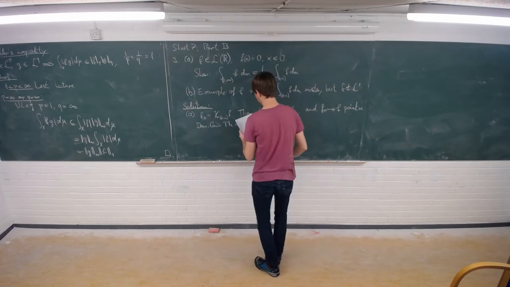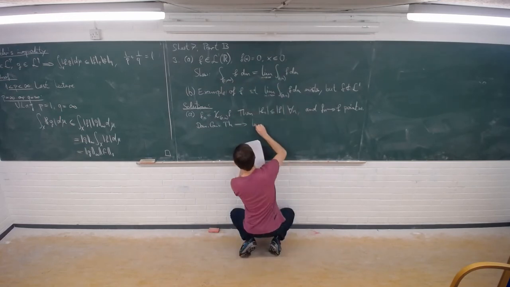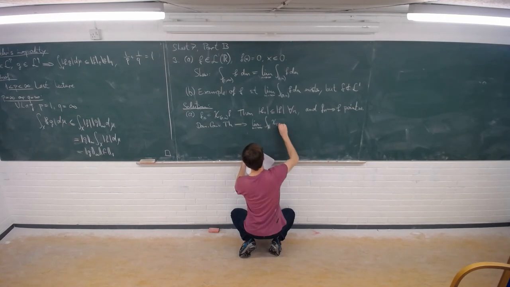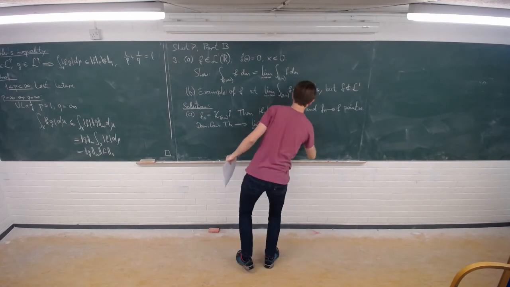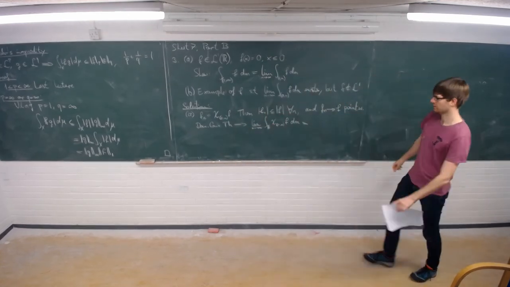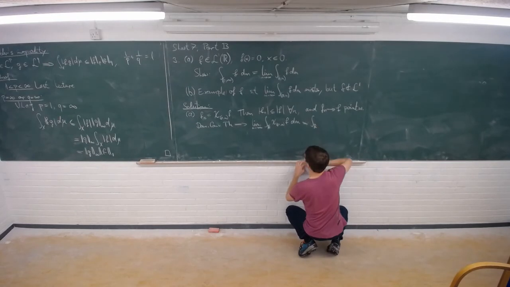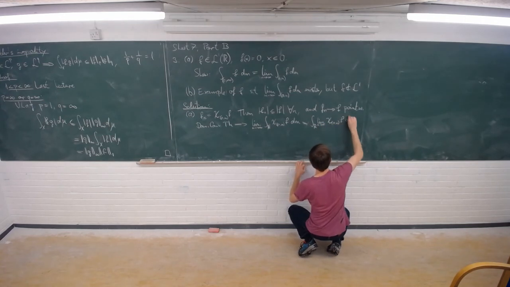Which gives us that the limit as n goes to infinity of the integral of F_n, so chi from 0 to n times f, is the same as the integral of the limit as n goes to infinity of chi from 0 to n times f dm.